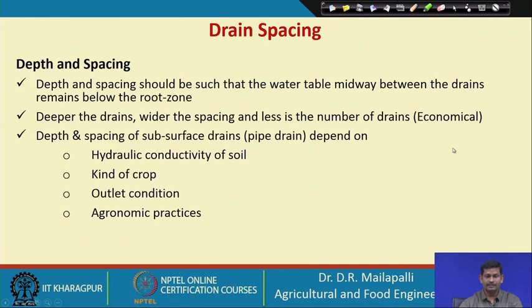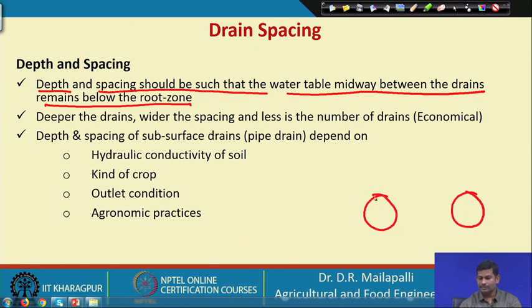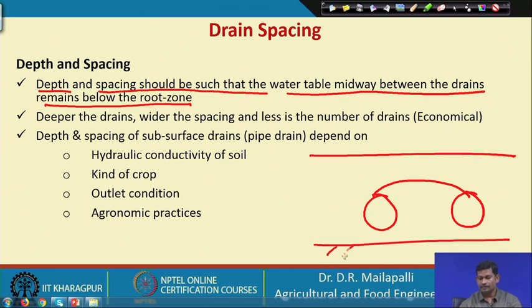And then the next is drain spacing. Basically, the drain depth and spacing should be such that the water table midway between the drains remains below the root zone. As I mentioned in the beginning of the slide, this is the basic criteria in selecting the depth and spacing.